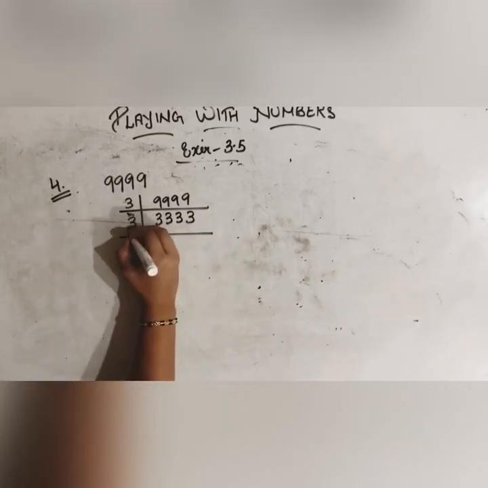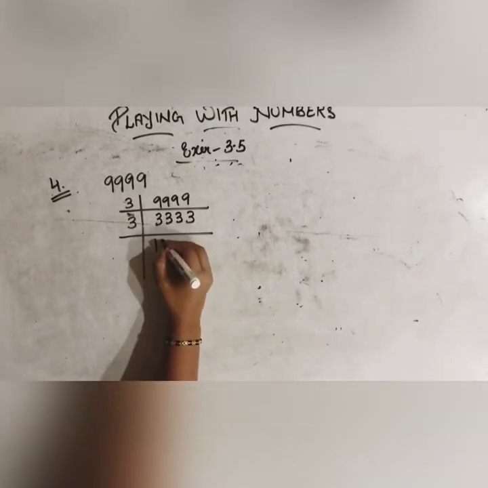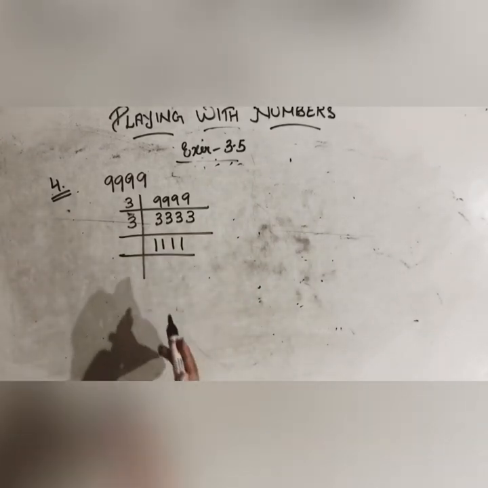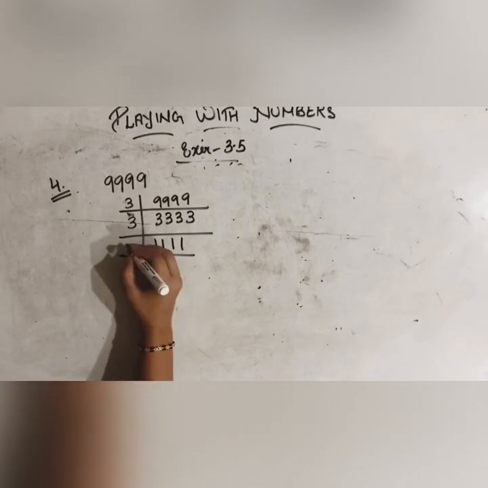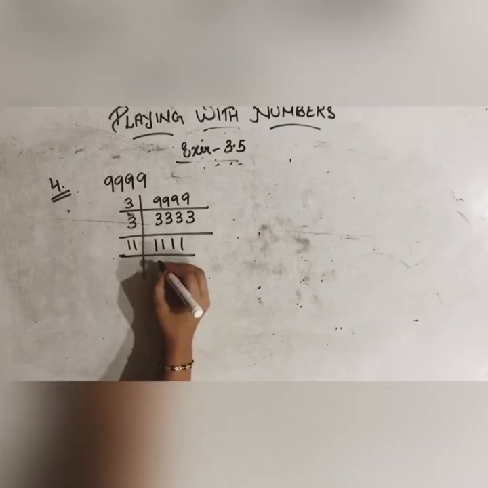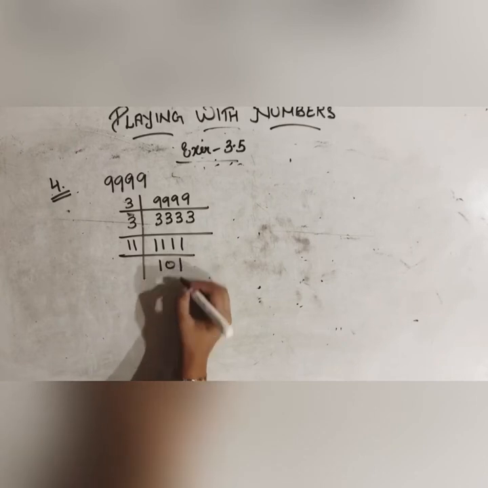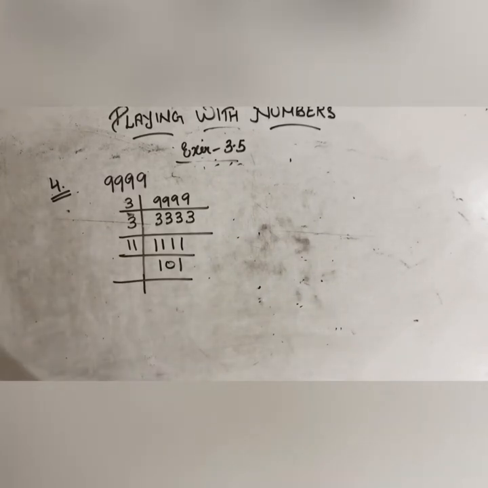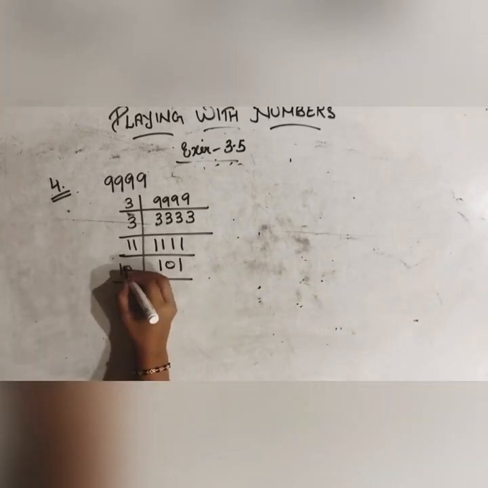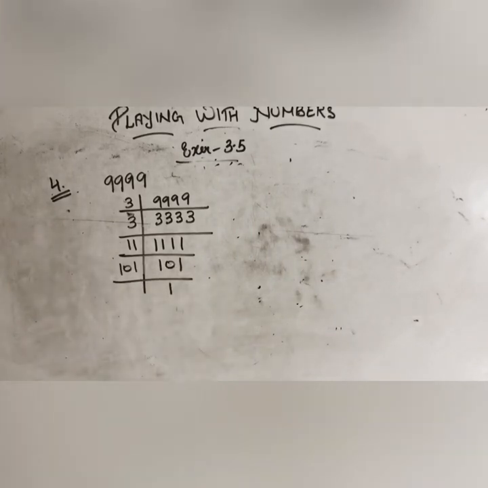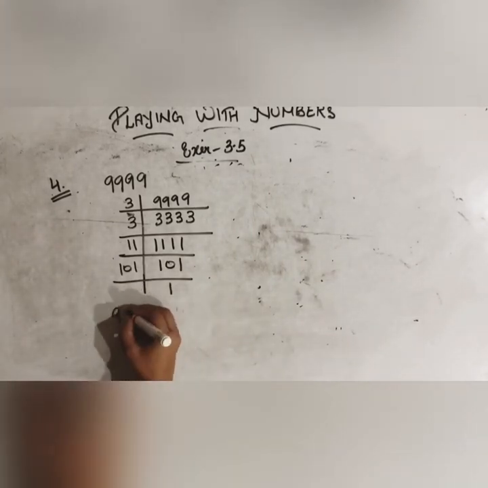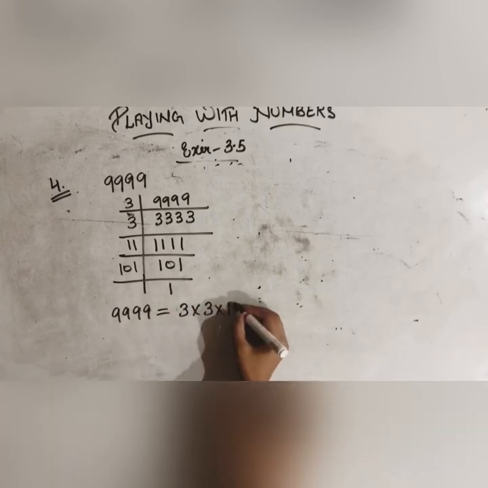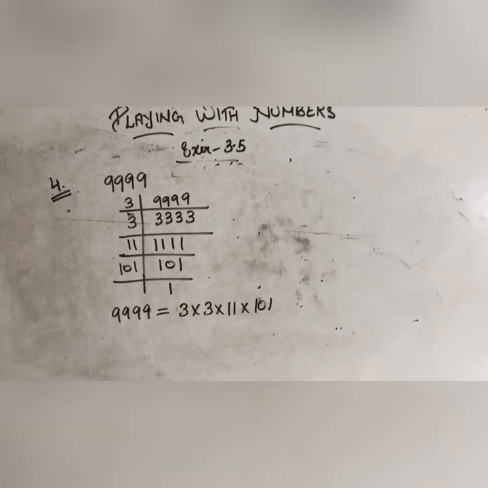Again this number is divisible by 3. 1111. Now next this number is divisible by 11. So it will be 101. And 101 is not divisible by any other prime factor, so it will be 101 itself. So the prime factorization of this number will be 3 into 3 into 11 into 101.